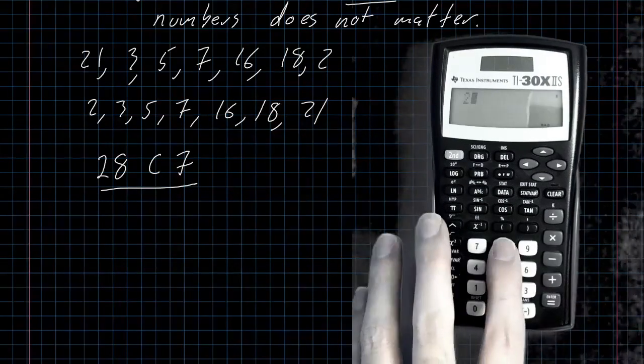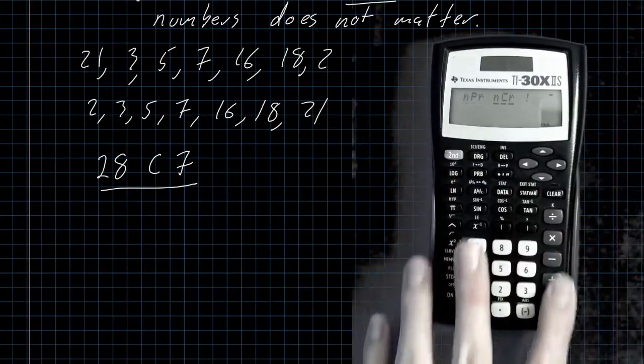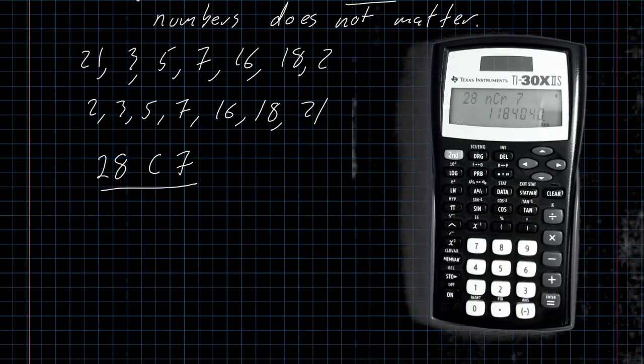We can punch in 28 choose 7. My calculator is very happy to tell me that this particular lottery game has 1,184,040 different possible outcomes.